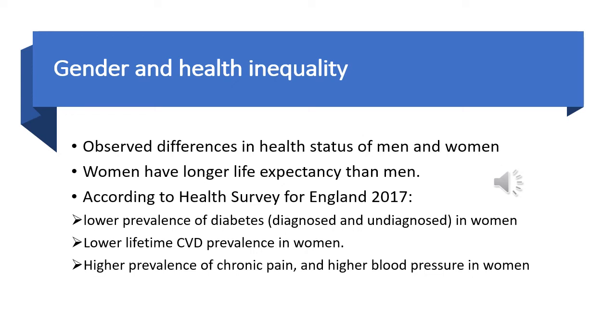A health survey of England in 2017 showed that women are less exposed to diabetes, and cardiovascular disease prevalence is lower in women. However, there are high rates of chronic pain in general and high blood pressure in women compared to men.